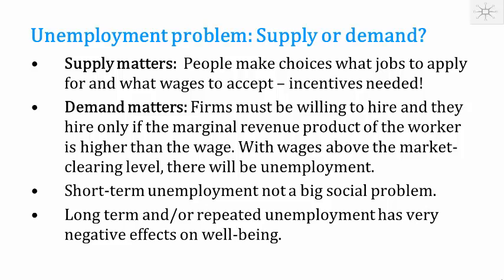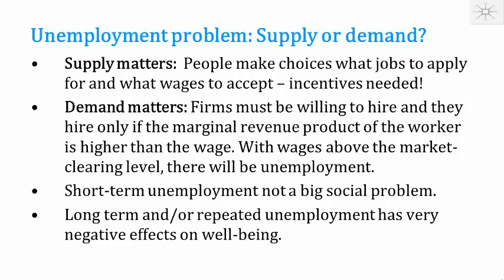So you can't have a system where you pay people the same income independent of whether they work or not. There must be incentives on the worker side to apply for those jobs that are available rather than waiting for jobs that are not available. But also demand clearly matters. Firms must be willing to hire, and in a market economy, the firms hire workers only if the marginal revenue product of the worker is higher than the wage.